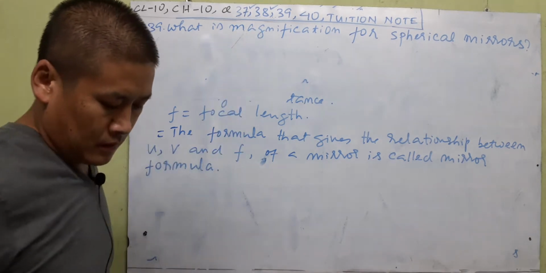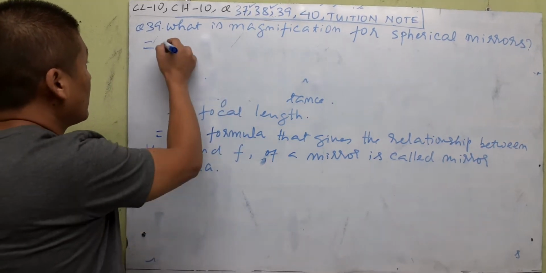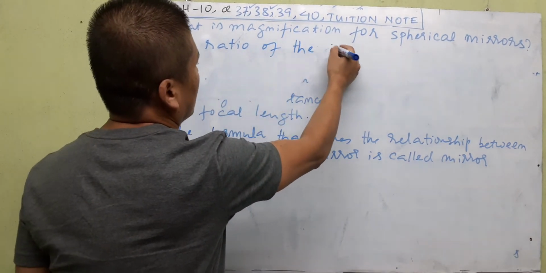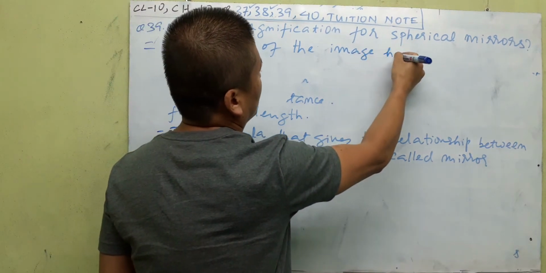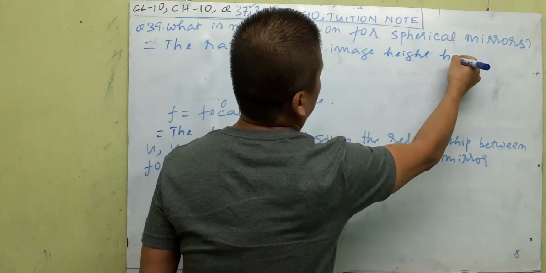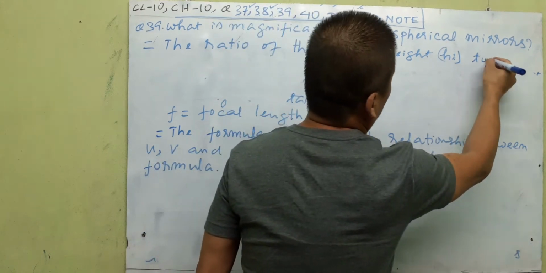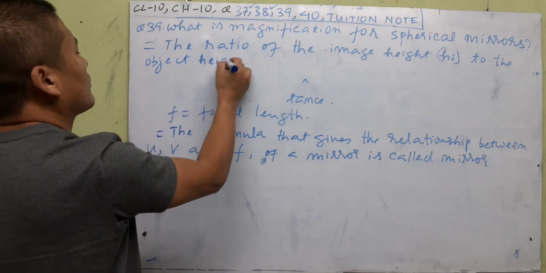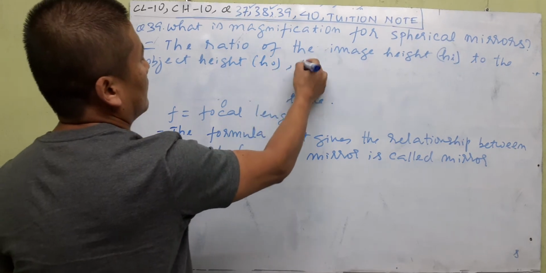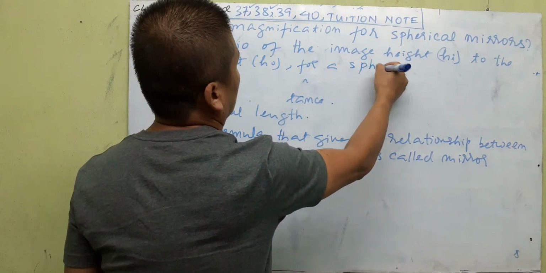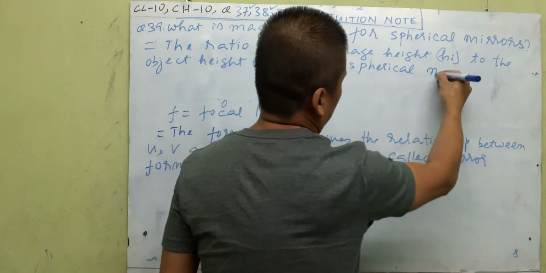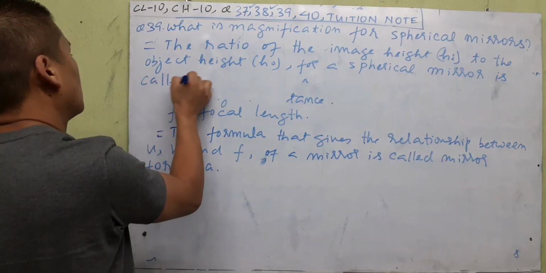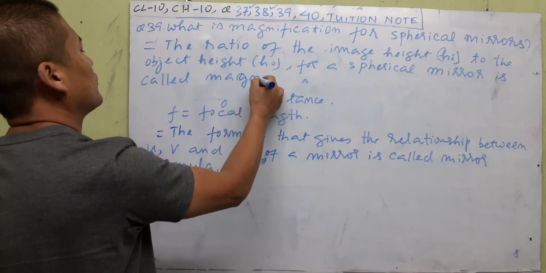We can write down the ratio of the image height or size, which is usually denoted by HI, to the object height or object size, HO, for a spherical mirror is called magnification. So there is nothing much to explain here.